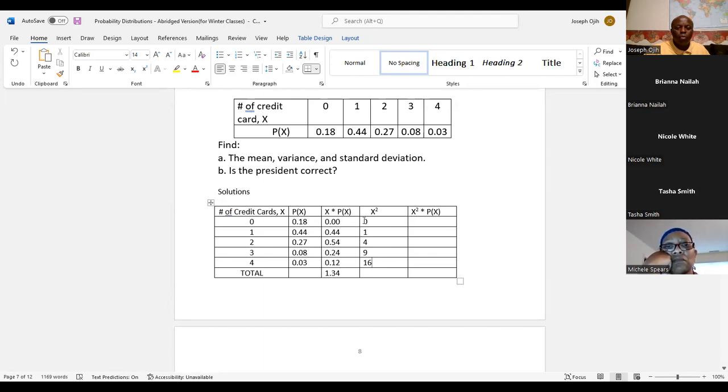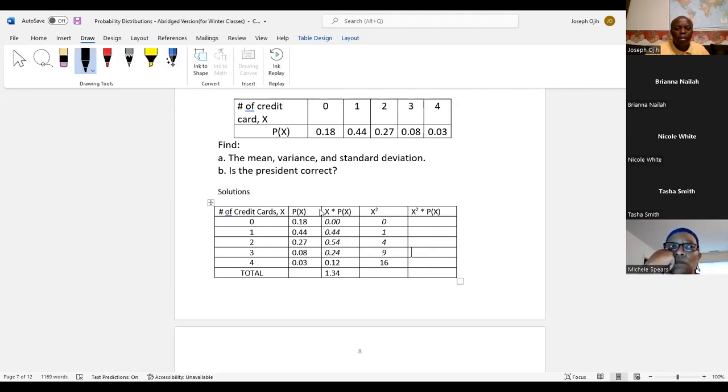Now we don't add this one because we only need it to get this part, which is x squared times P(x). That means this x squared here multiplied by P(x).